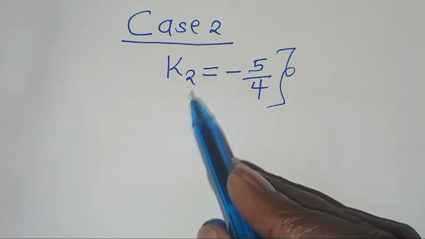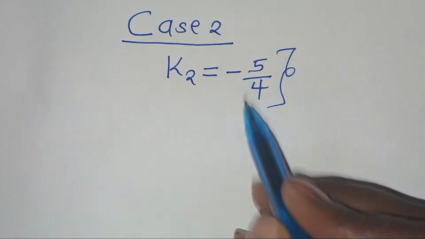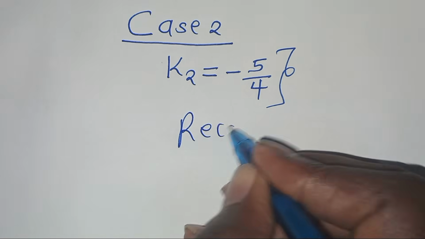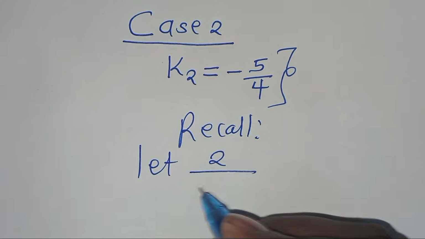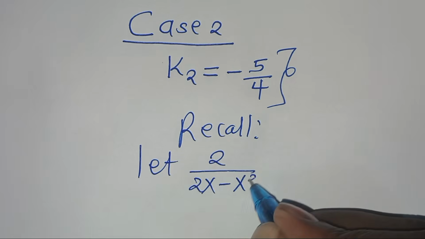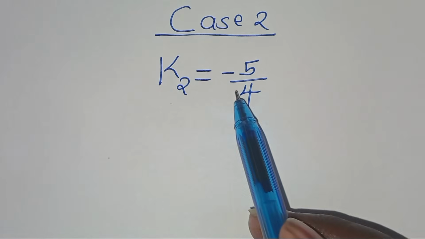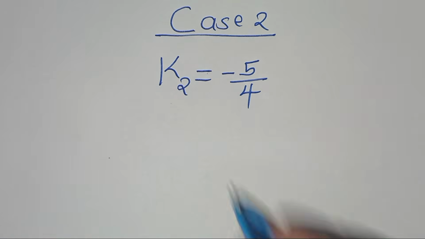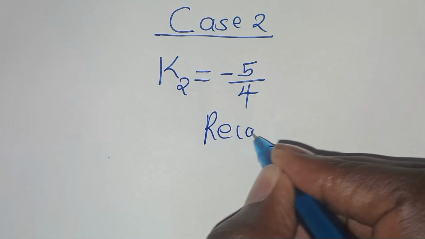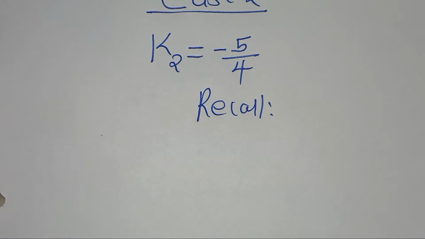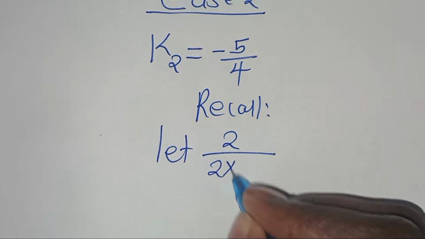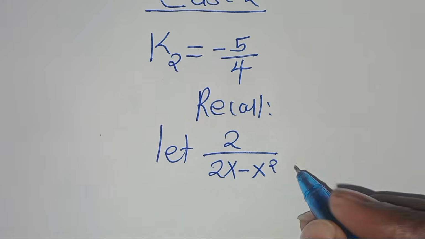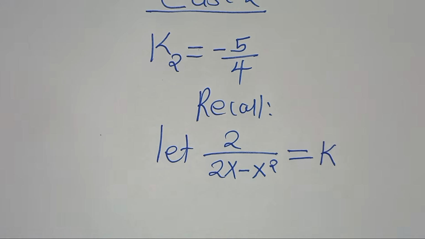Now in case 2, we have k2, which is minus 5 over 4. And if you recall, we let 2 over 2x minus x to the power of 2 be equal to k.